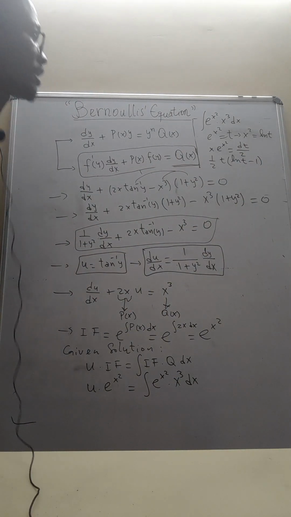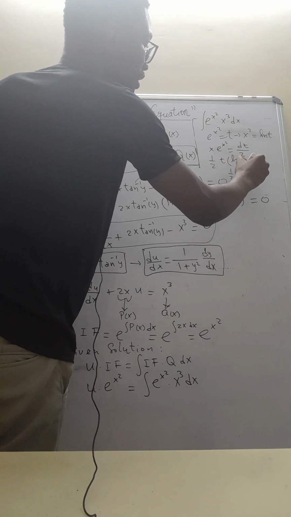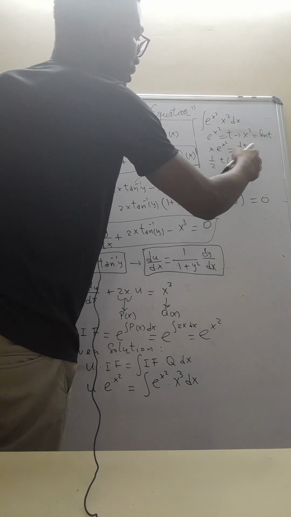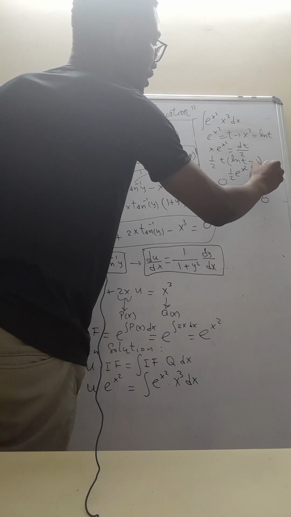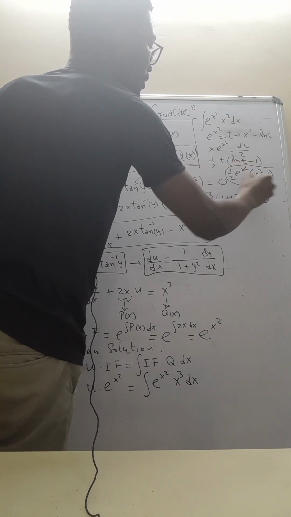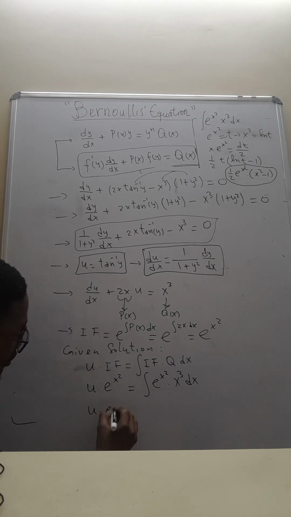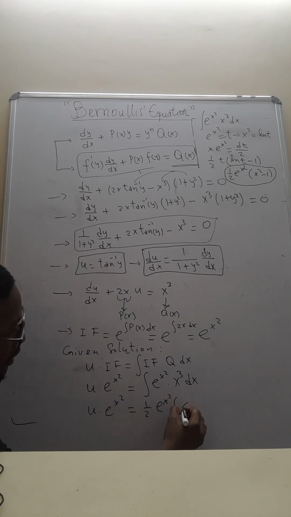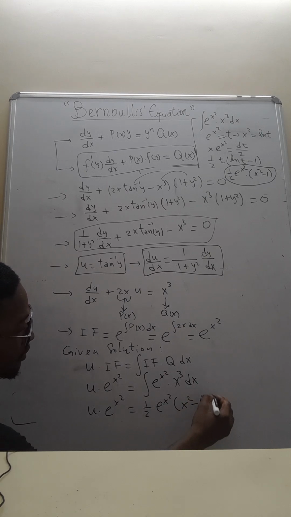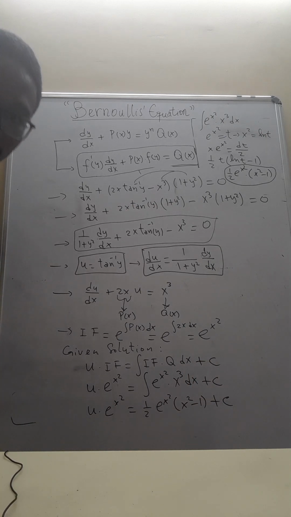Then just substitute what t is: t is e to the x squared, and ln t is x squared. So this will be 1 by 2 e to the x squared times (x squared minus 1). This will be your solution for this equation. So u times e to the x squared equals 1 by 2 e to the x squared times (x squared minus 1), plus c.